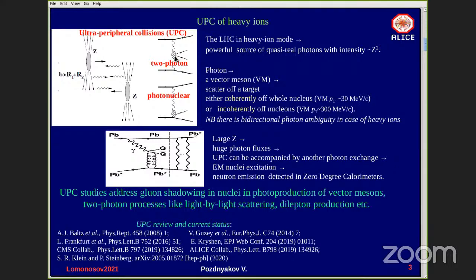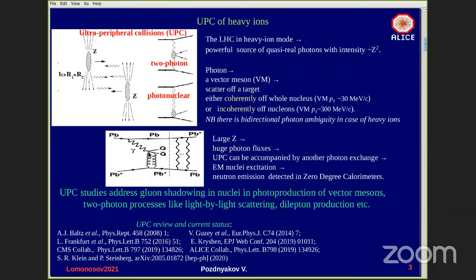It's important to understand that in this case we don't know which ion is the source of the photon. So we have a bidirectional photon ambiguity. Another pretty thing is that since we have a large ion charge, we have huge photon fluxes, and within the same ion scattering we can get, and you will see the results, a superposition of two processes.